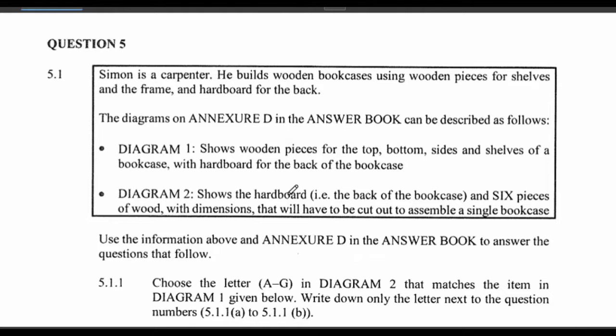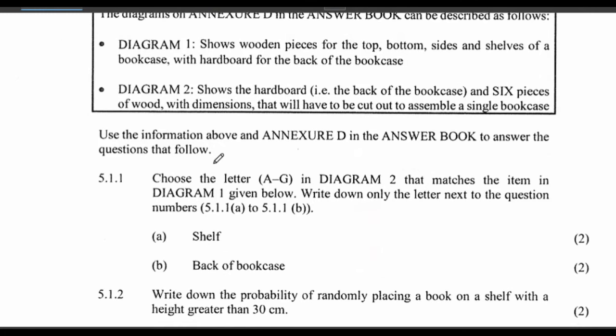Diagram 2 shows the hard body, i.e. the back of the bookcase, with 6 pieces of wood with dimensions that will have to be cut out to assemble a single bookcase.